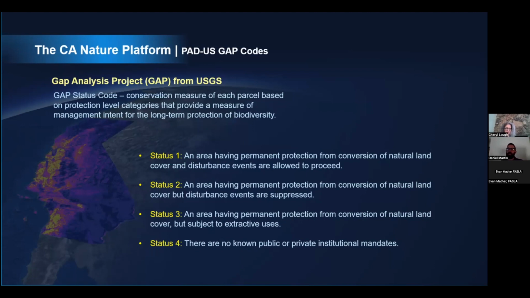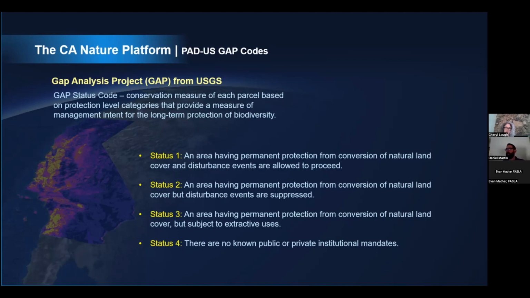So a subset of PAD-US is the California protected areas. And each one of these parcels or holdings has a code associated to it, either status 1, 2, 3, or 4. And this becomes really important as we start looking at the data, because that was the basis for what the state used to determine whether something was conserved or not.